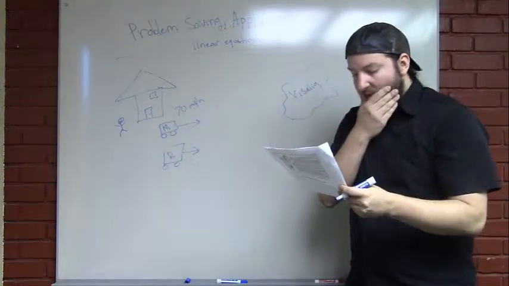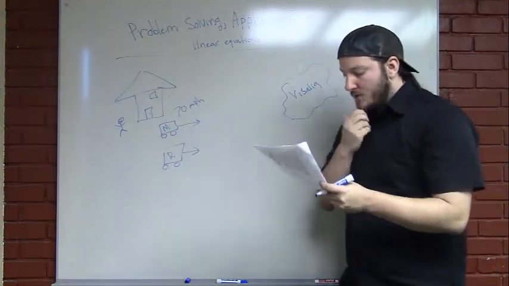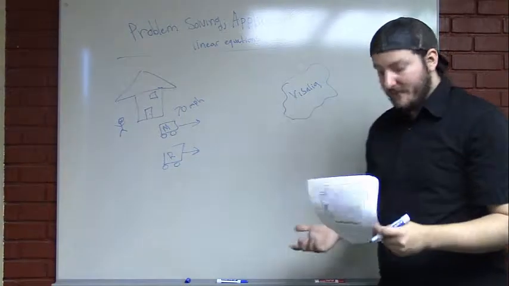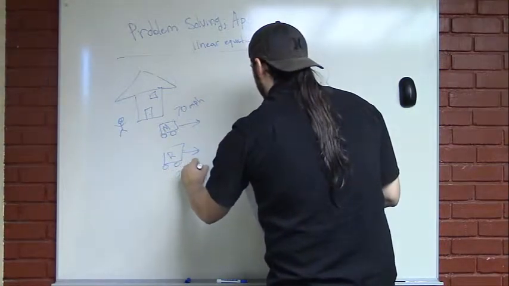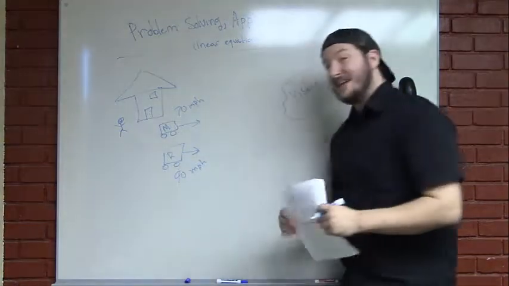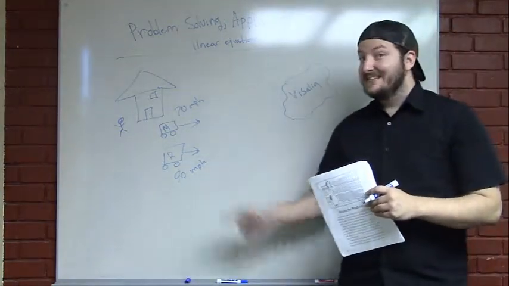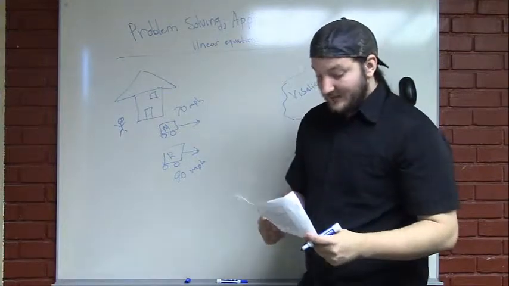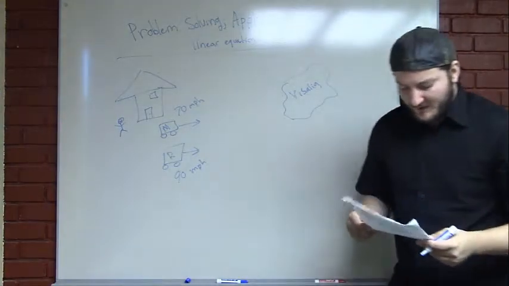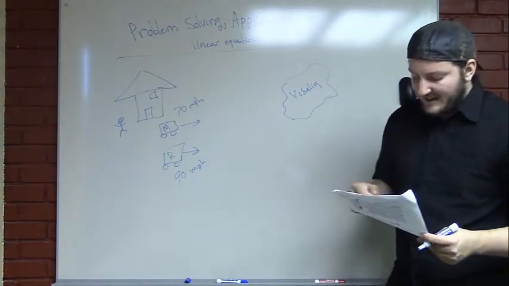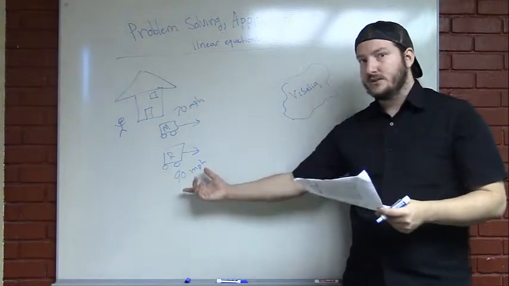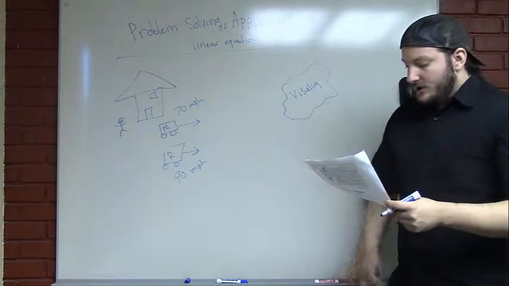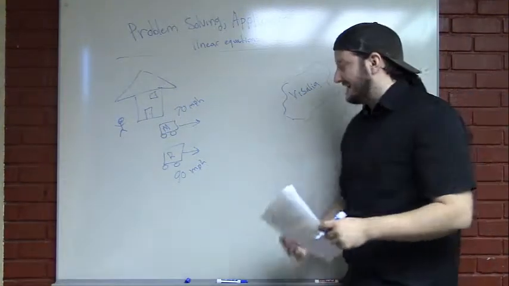Her mother, Rosa, made the same trip at a rate of 90 miles per hour. So I'm pretty sure, call me crazy, but I'm pretty sure these ladies here are speeding. But I won't tell. Okay? So it took her 2 hours less than Michelle, obviously, because she's going super fast. So it took her 2 hours less.